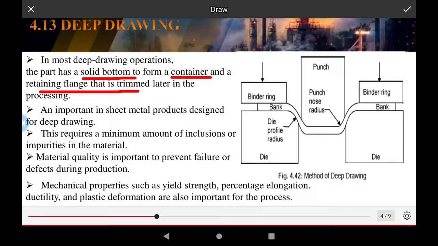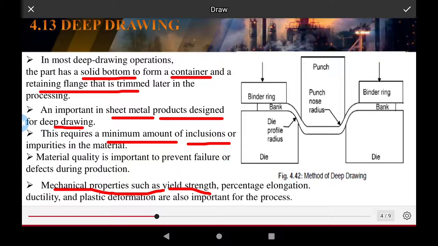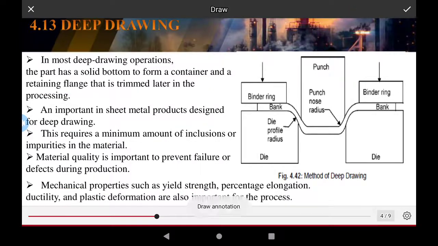The importance of sheet metal product design for deep drawing requires a minimum amount of inclusion of the material, to prevent failure or defects during production. The mechanical properties such as yield strength, percentage of elongation, ductility and plastic deformation of these materials are important.